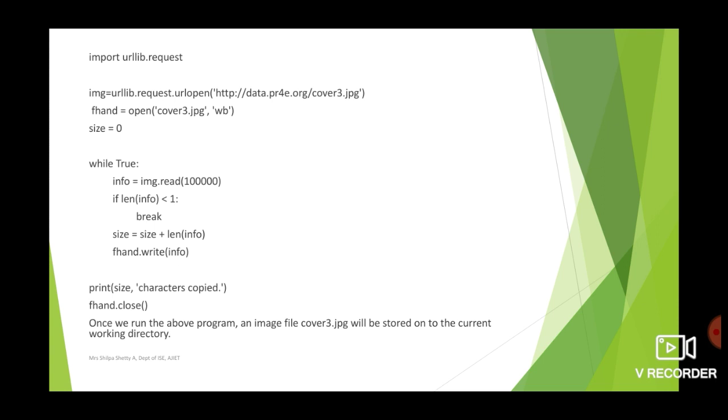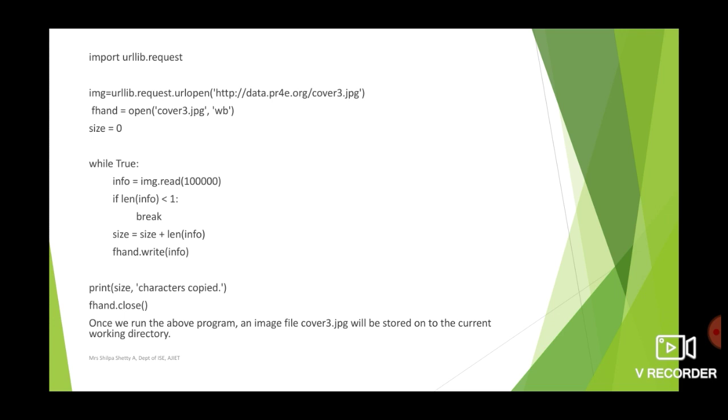So now the file is stored in the main memory. Now let us open another file, because we need to copy it. Let us create a new file called cover3.jpg, and because we are writing an image to this file, we are opening the file in wb mode, that is, to write the binary information.